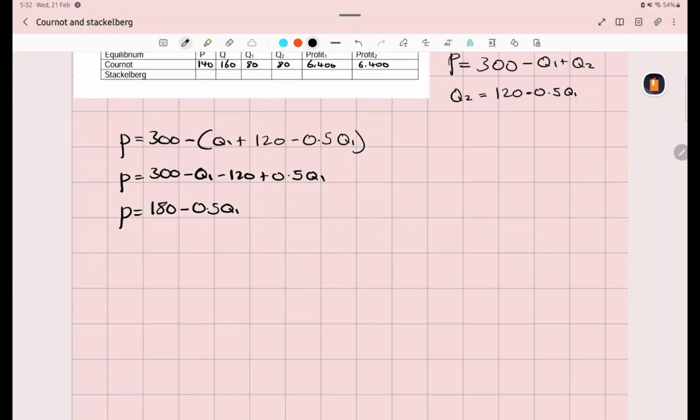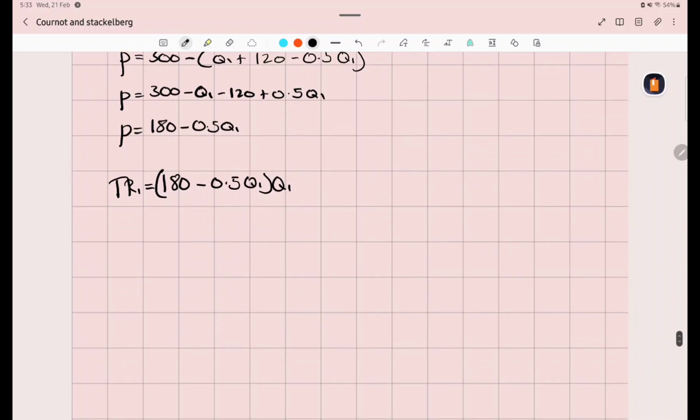Now, taking the total revenue of firm 1, that's equal to that price times that quantity, and we just figured out P. Times it through by that quantity.